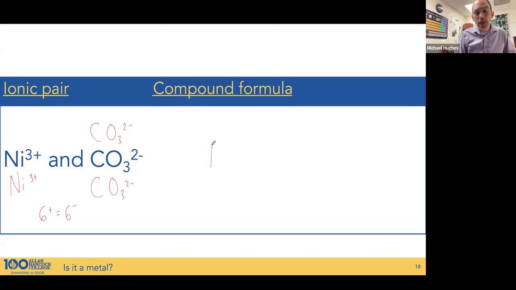It's just its own element, even though it has 2 letters in its symbol. And we want 2 of the single element nickel 3+, and we'll need 3 of the polyatomic ion carbonate, CO3 2-. So this species, Ni2(CO3)3, is nickel 3 carbonate.